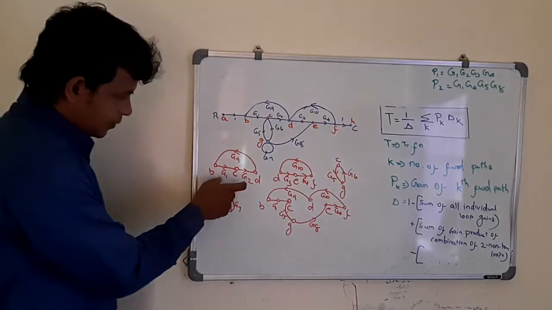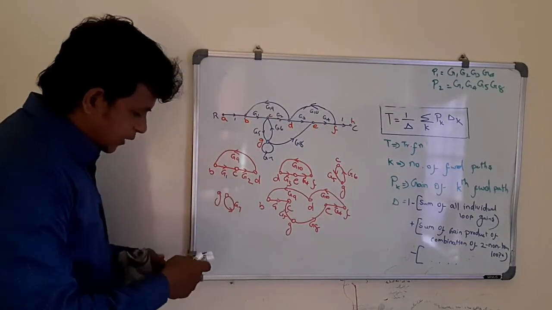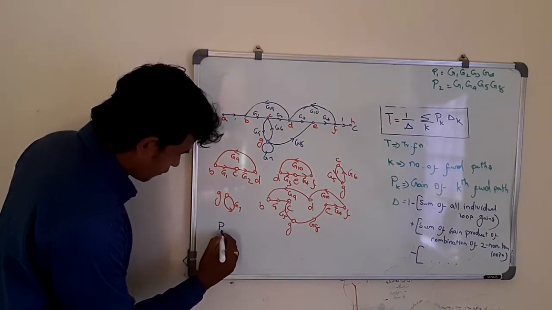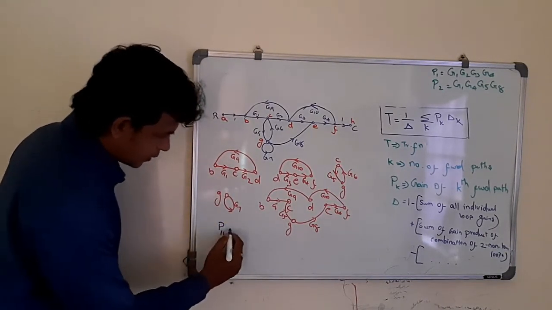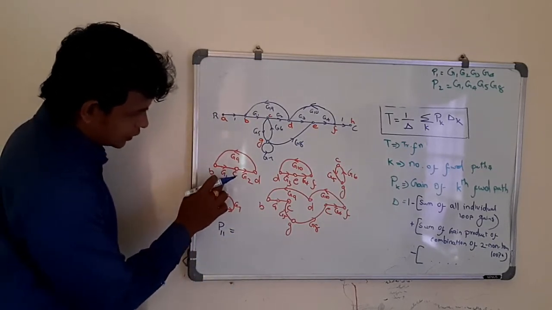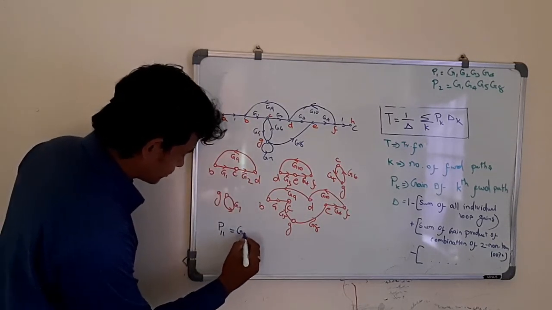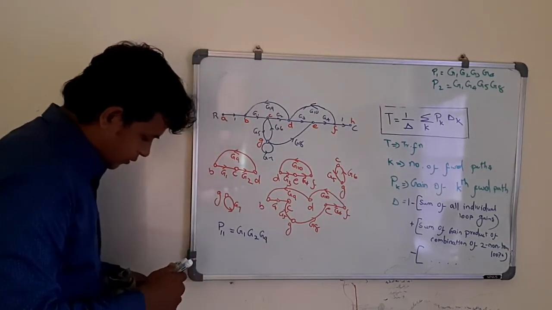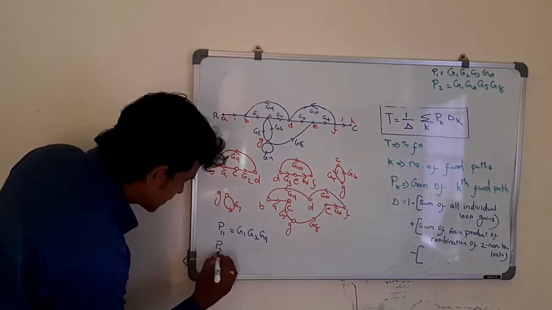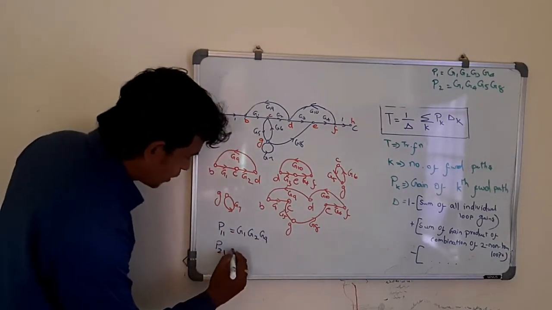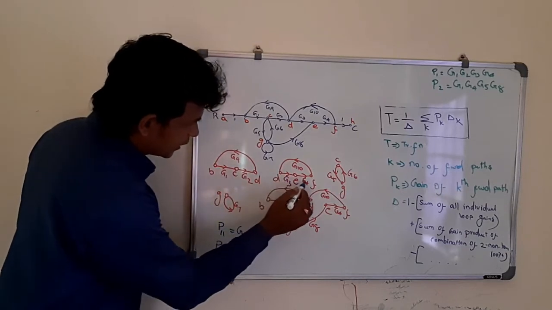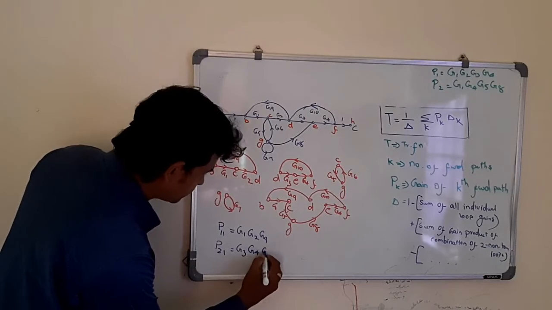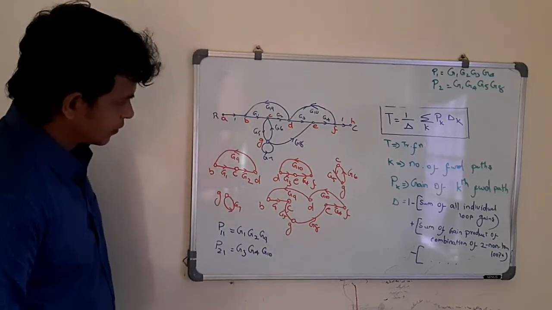For the first individual loop, P11, the gain is G1 into G2 into G9. For the second individual loop, P21, the loop gain is G3 into G4 into G10.